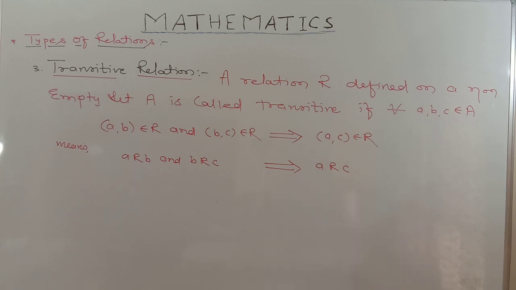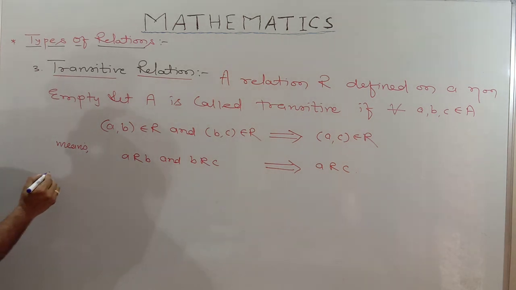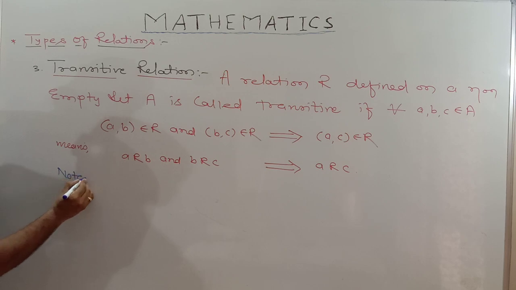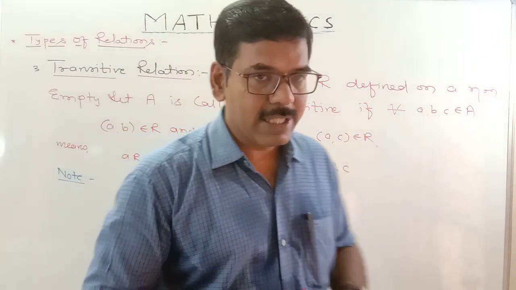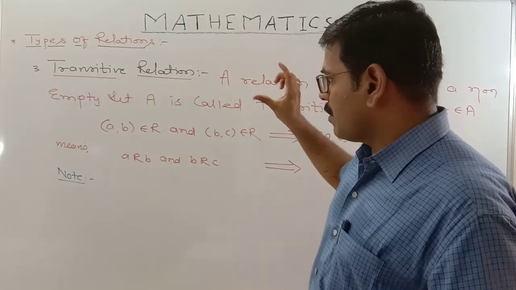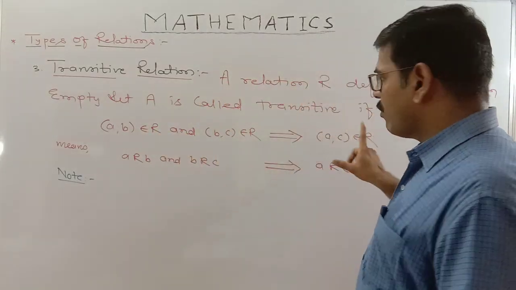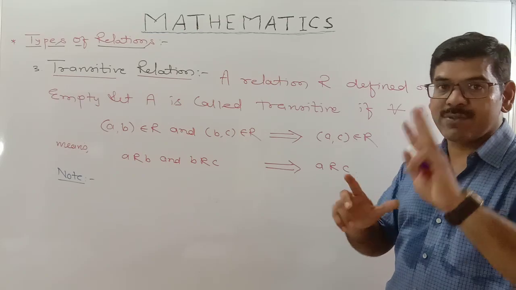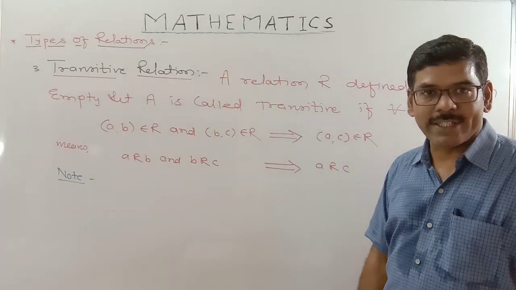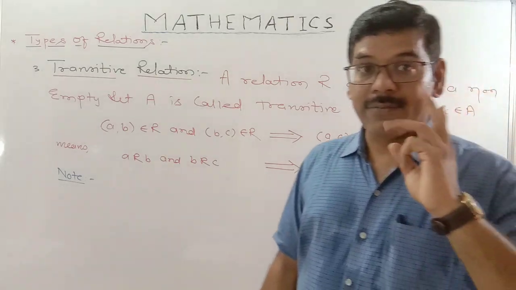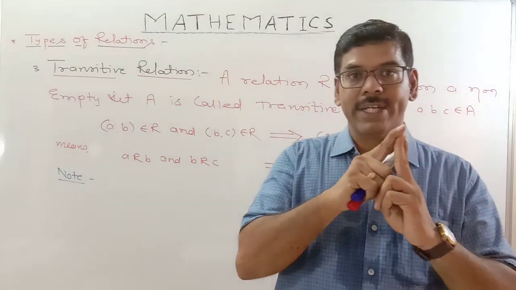Again, the same note you may write down. What is the note? Here you need to understand one thing: if a relation fulfills that property only for any one triplet of three elements, then it will be called transitive. Look, here is the difference from reflexive and symmetric.